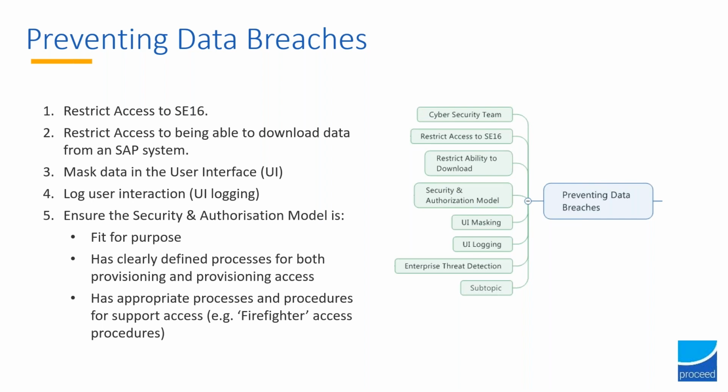You can also look at masking data. You can look at UI logging, to see who's looked at data, and you can make sure your security model is fit for purpose. That's just your normal security and authorizations, but quite often you'll find that organizations have roles that give too much access, and especially in an organization that's been live for a long time, that can be a particular problem that should really be revisited.